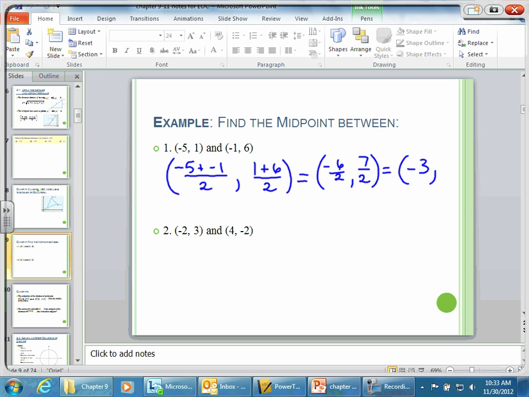And I get -3 and 7/2 is right in the middle between those 2 points. Okay, try the next one. See what you get. Check it with your group members when you come in tomorrow.